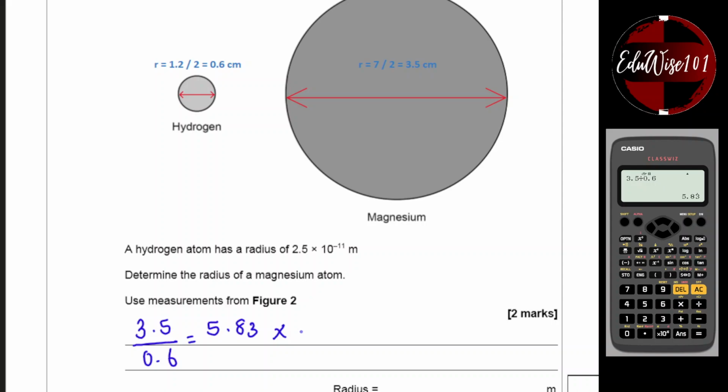So multiply that by the radius of the hydrogen atom, which is 2.5 times 10 to the power minus 11. That gives me 1.458. I can round that off to 1.46 times 10 to the power minus 10 meters.